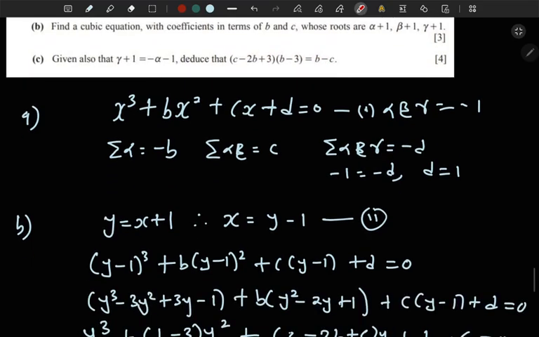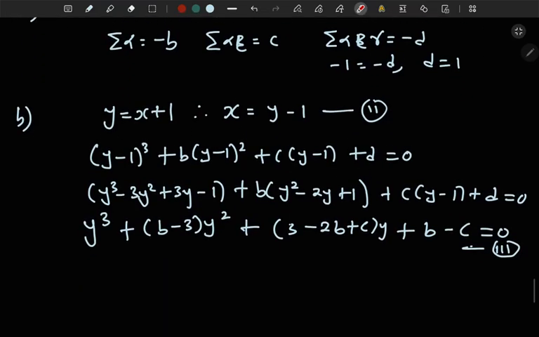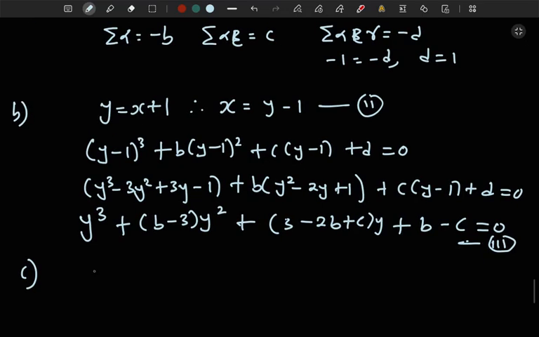So what do you need to do in order to get that? First thing you need to do here is to find the sum of the roots, the sum of each pair of the roots, and the product of the roots of the new equation.